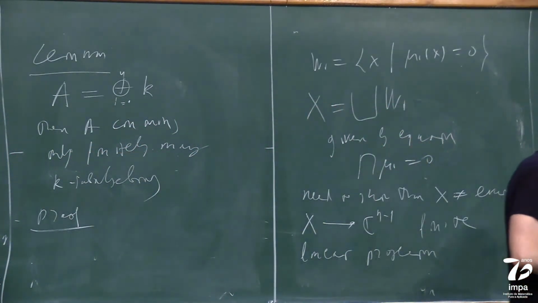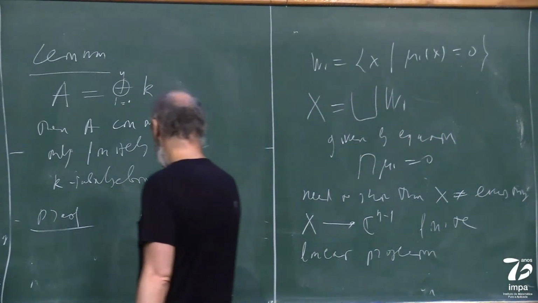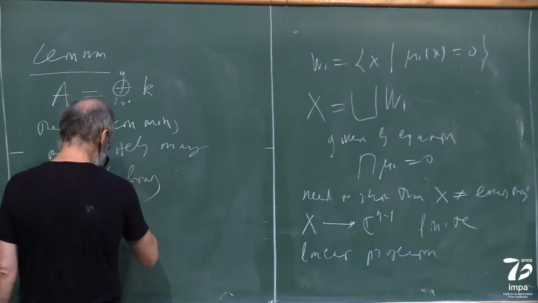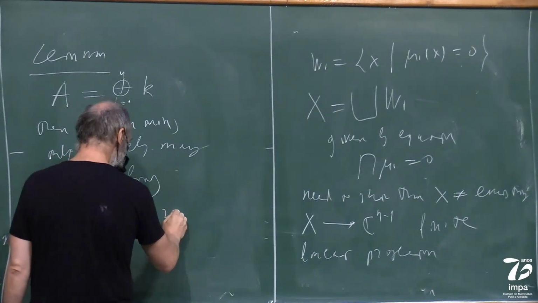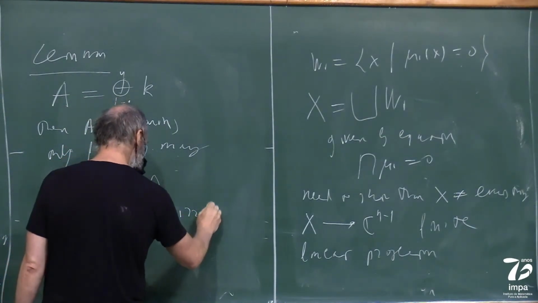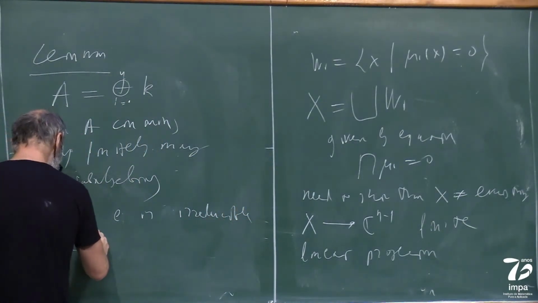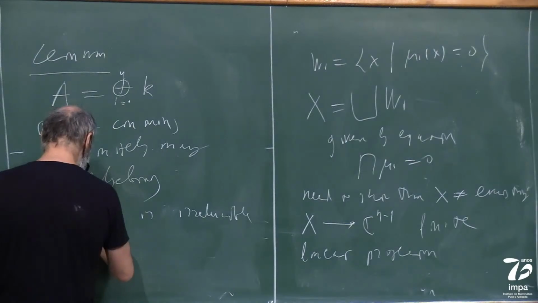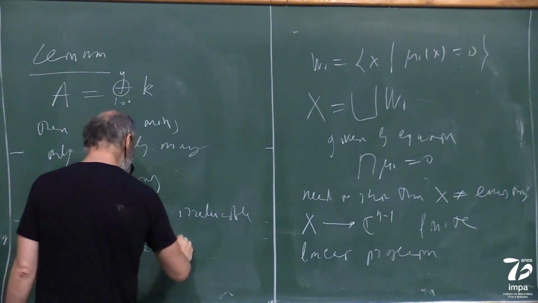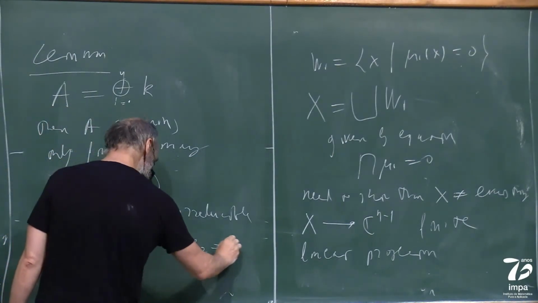Okay, if an idempotent e is irreducible, if e is not equal to e1 plus e2 with e1, e2 not equal to 0.